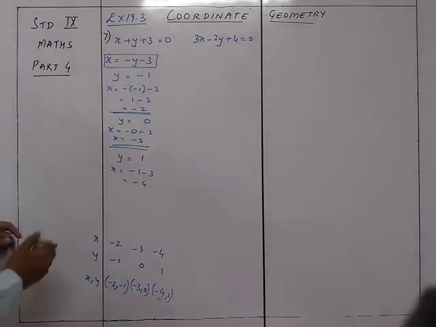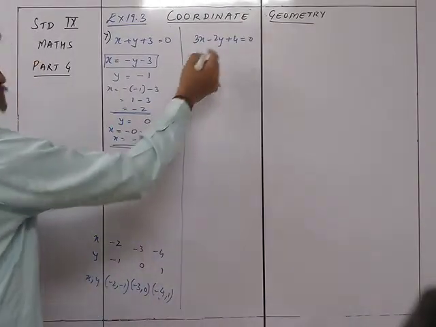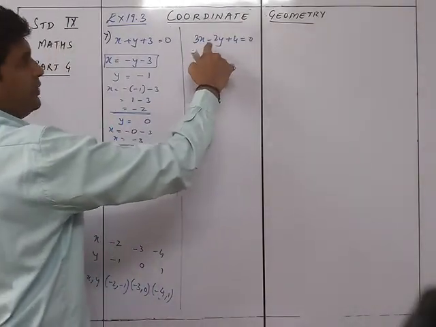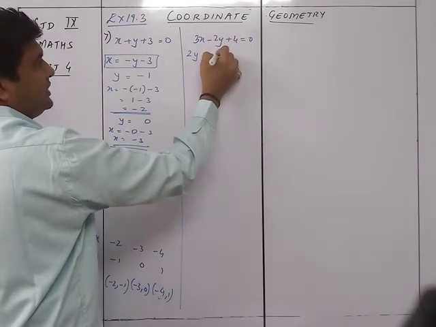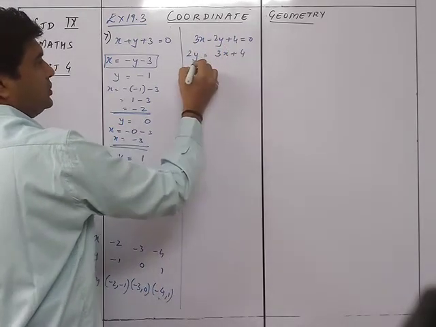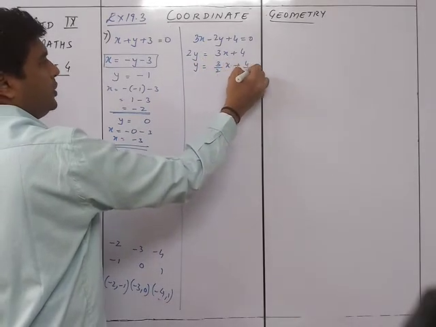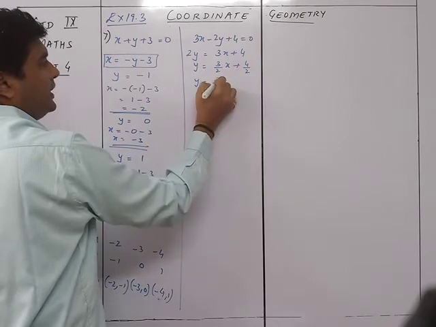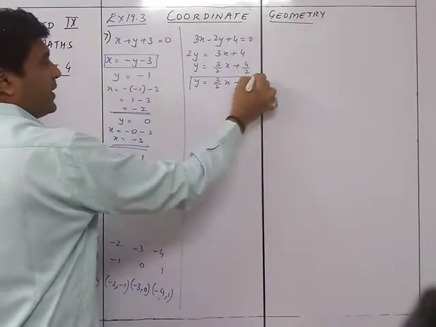Okay, that was the first part. Now we move on to the second equation. We can take 2y on the other side, so we have 2y is equals to 3x plus 4. So y is equals to 3 upon 2 x plus 4 upon 2. So y is equals to 3 upon 2 x plus 2. This is the required equation.